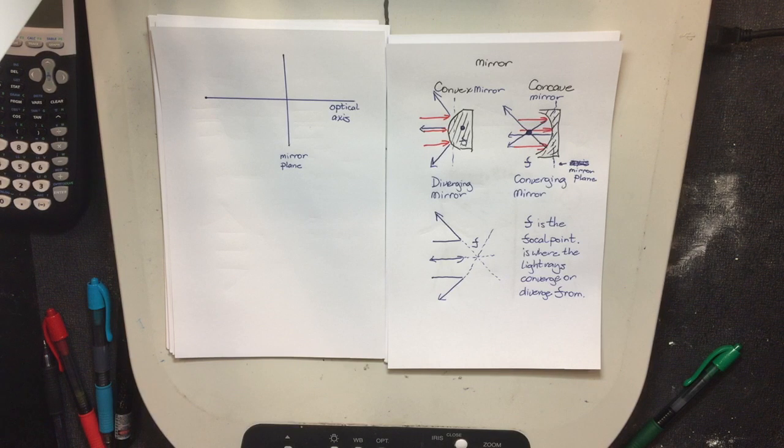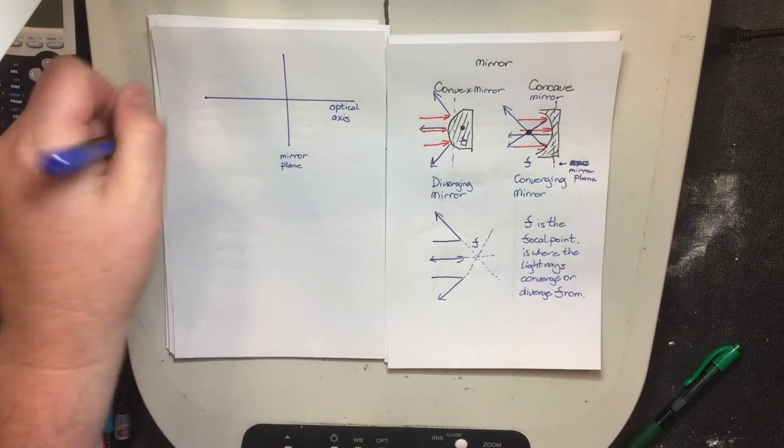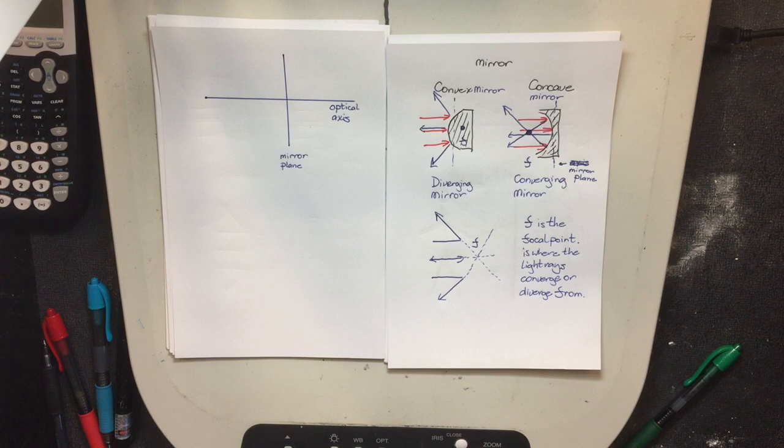Optical axis, and then the vertical line is the mirror plane. It's where the mirror exists. Now, because all of us are horrible sketchers, it's best for you to just draw the lines. Don't draw the mirror or the lens.